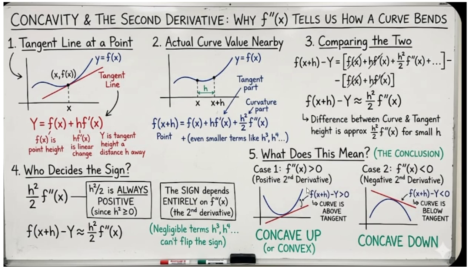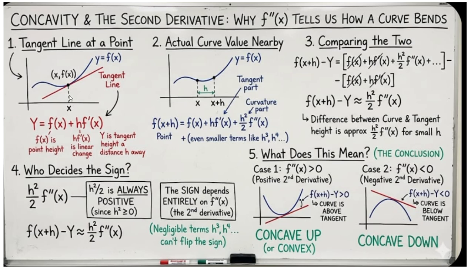Concave up means the curve is U-shaped at that point, like a smiley face. And concave down means the curve is like this, below the tangent.